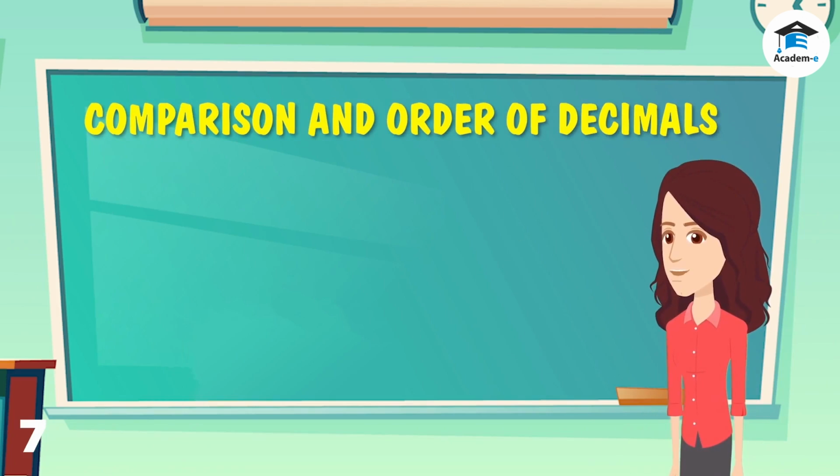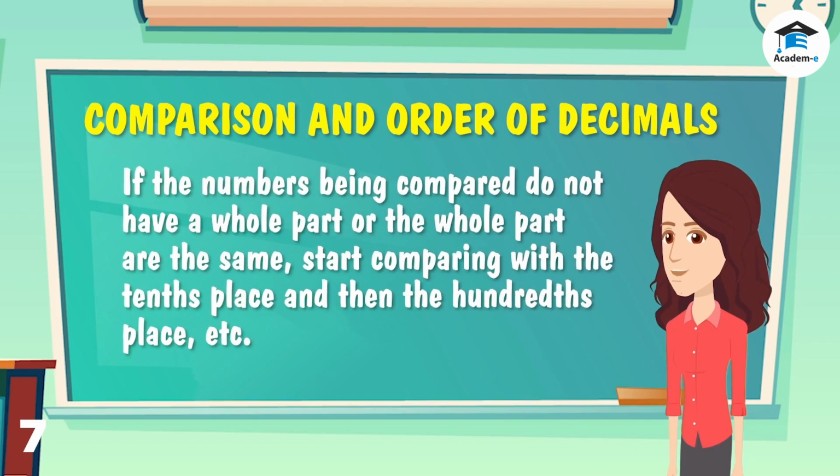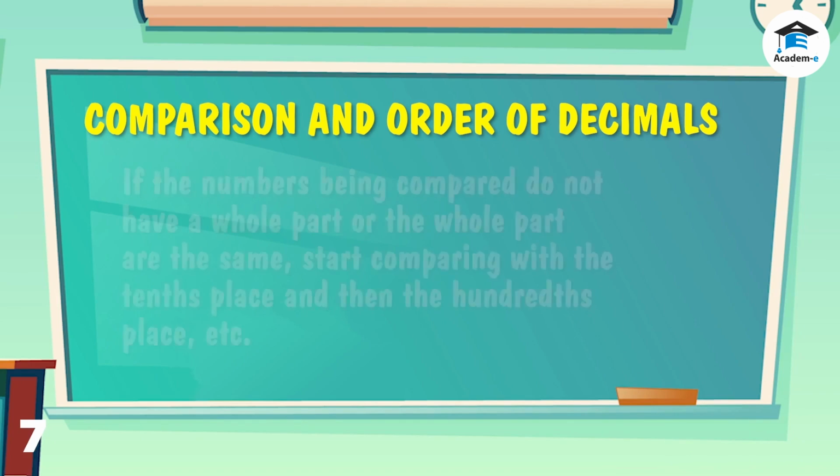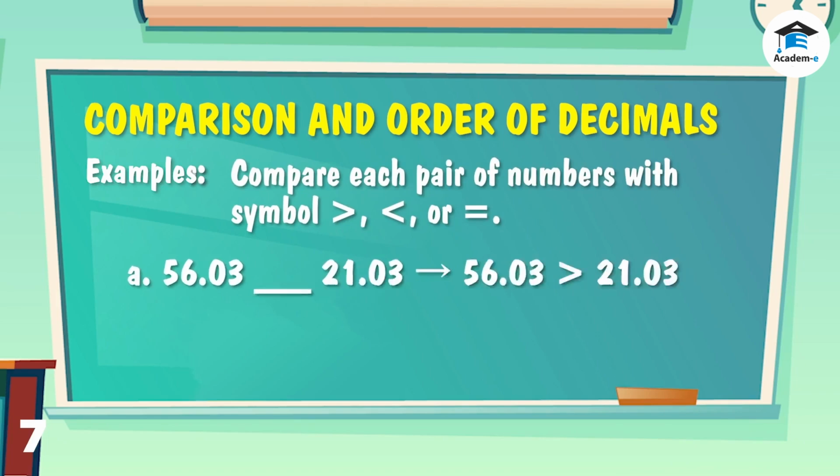Comparison and order of decimals. If the numbers being compared have a whole part, the decimal number with the greater whole part is greater. If the numbers being compared do not have a whole part or the whole parts are the same, start comparing with the tenths place and then the hundredths place, etc. Example. Compare each pair of numbers with the symbol greater than, less than, or equals.